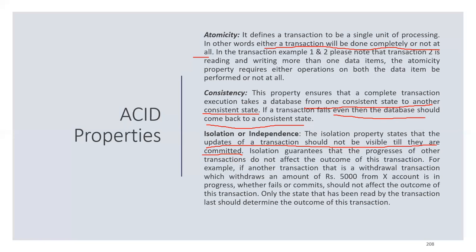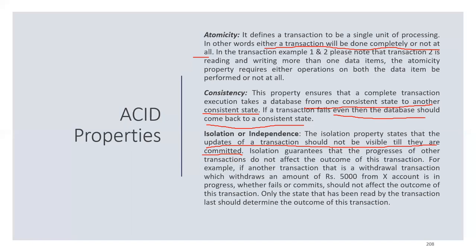Next, last one, durability. What is durability? This property ensures that data remains in a consistent state even after the failure. Even after the failure, the database must remain consistent, and it saves the committed changes.